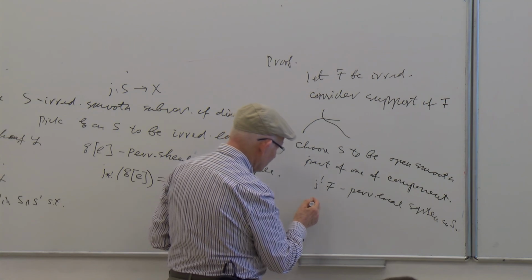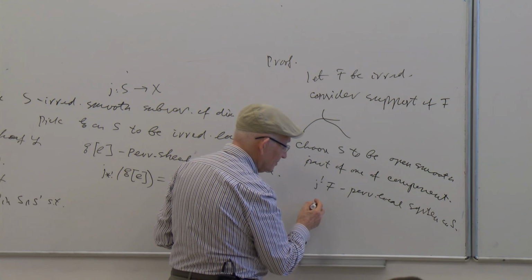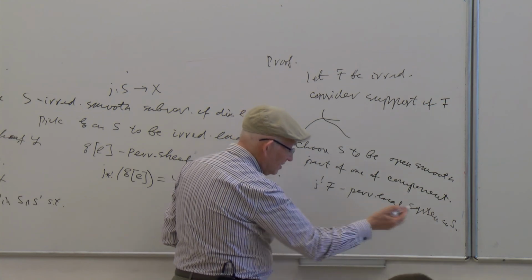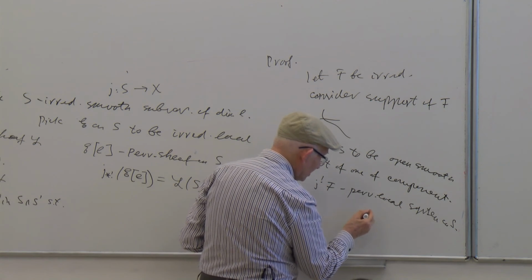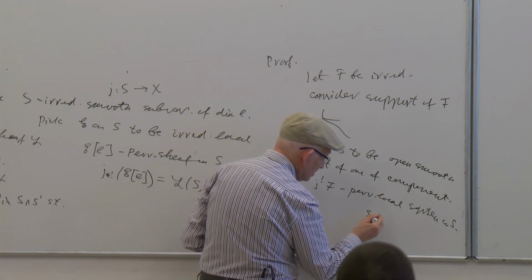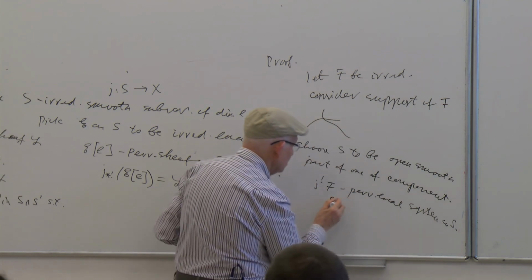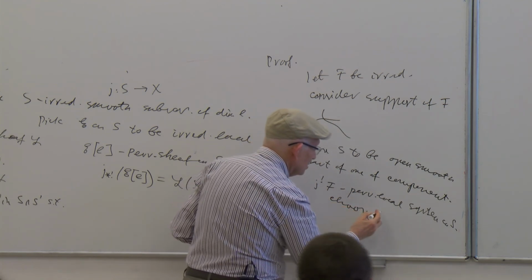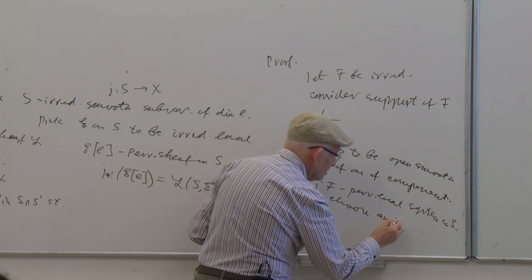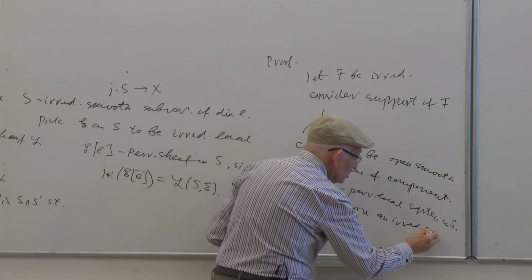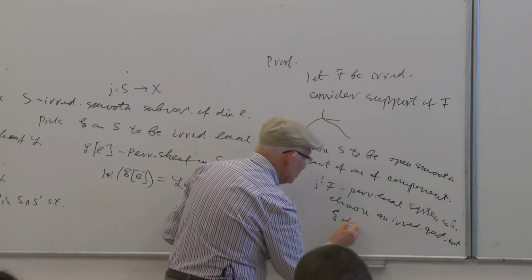And then you have a morphism. In what direction? Let's denote this local system by E. Choose a simple and irreducible quotient E of this local system.